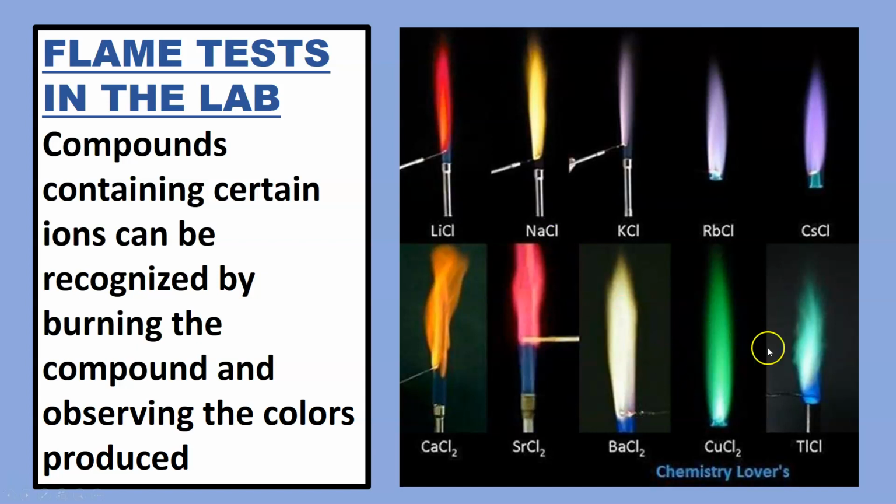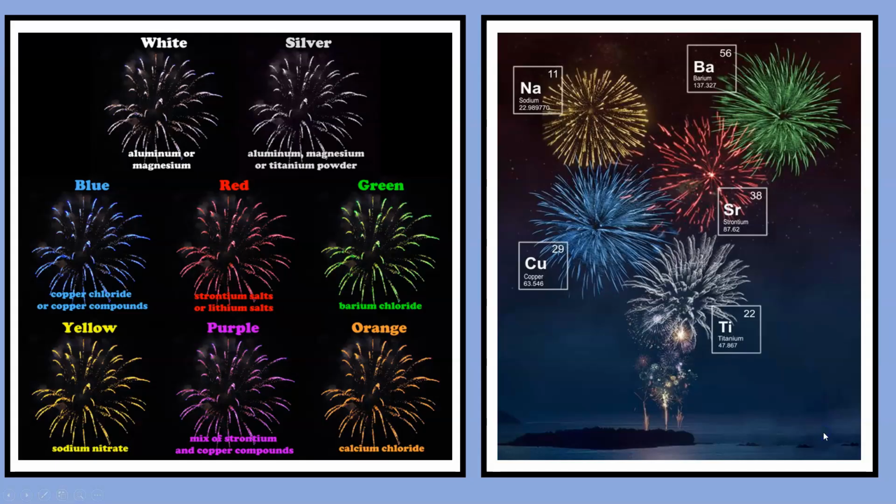So for example, copper is always kind of a greenish color. Strontium is so pretty, it's a bright pink. Calcium is kind of a reddish orange. Potassium is really pretty, it's a really light violet color. So we'll be able to identify what we're looking at based on the color that it gives off. This is the same way that fireworks work.